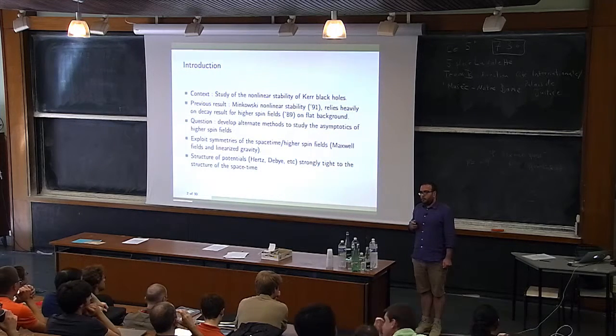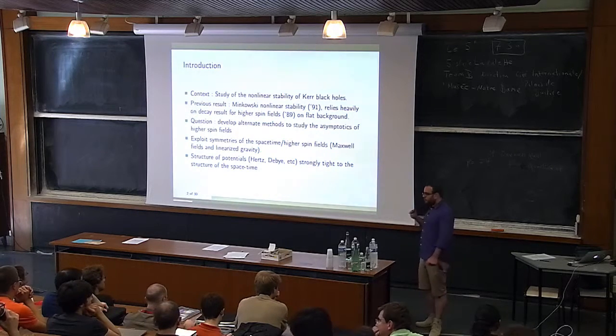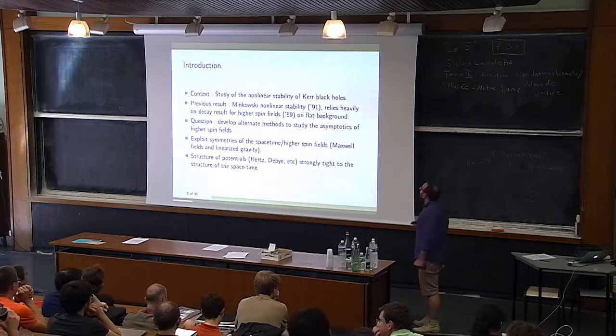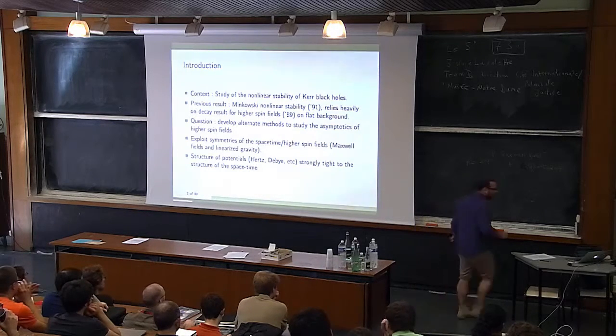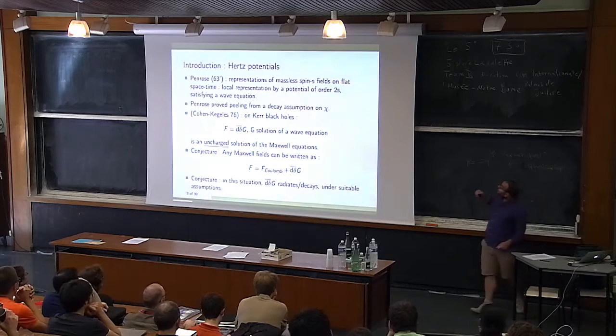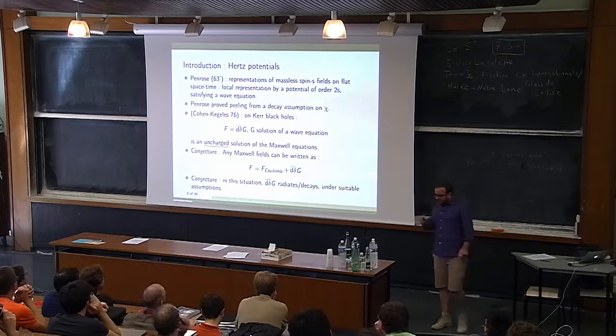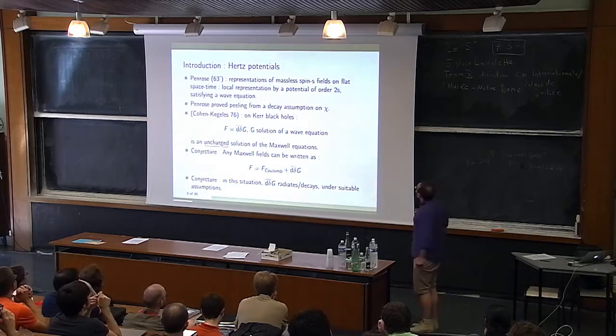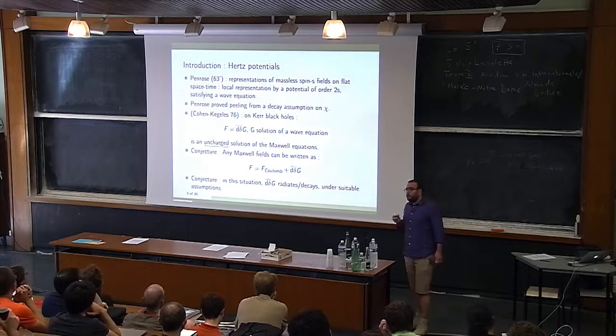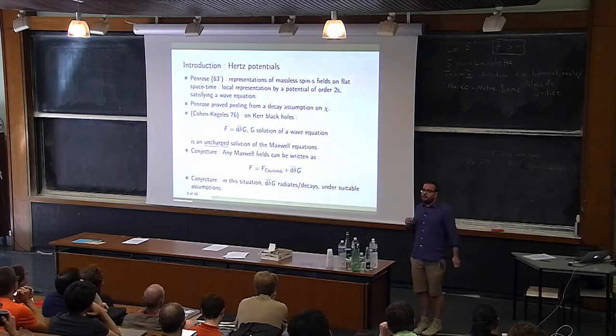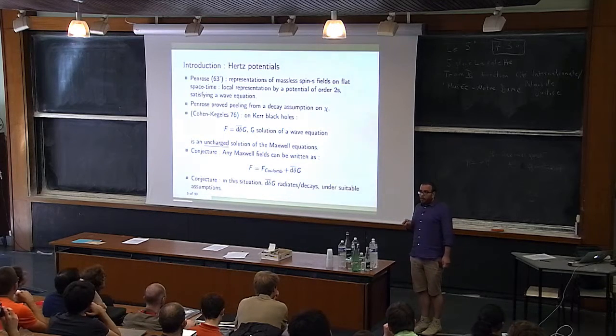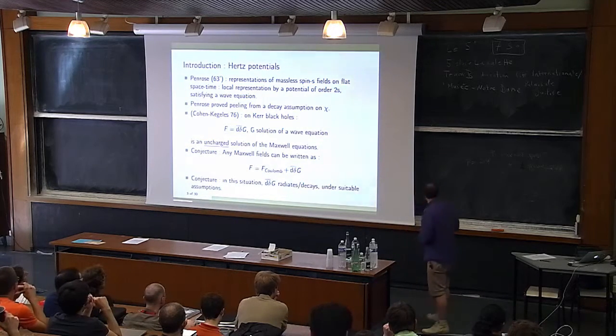Now, how has this idea of Hertz potential been used when studying the decay of a higher spin field? This idea of using Hertz potential to study the asymptotic behavior of higher spin fields has been used by Penrose in his paper on the peeling of fields.